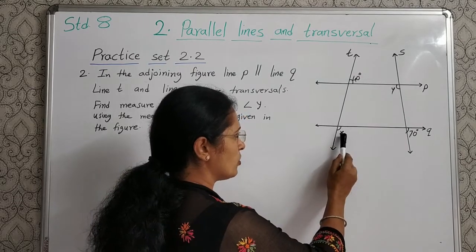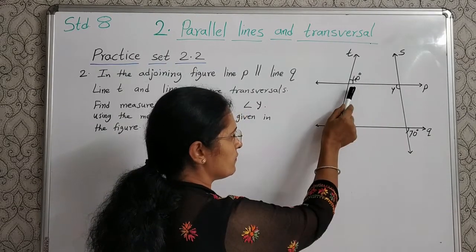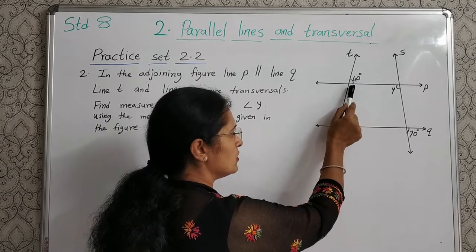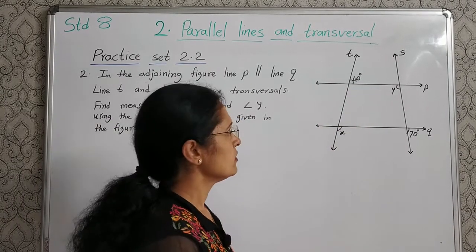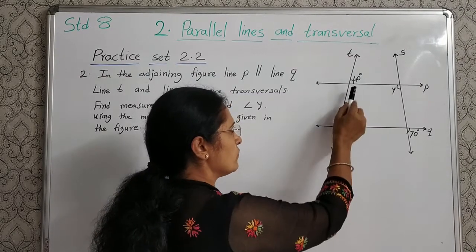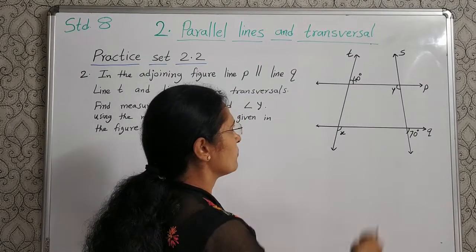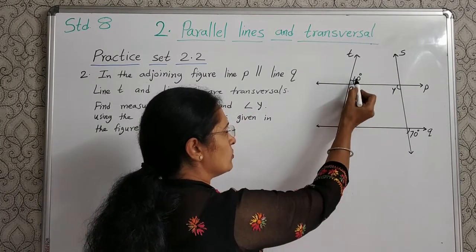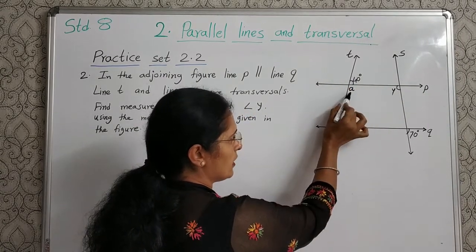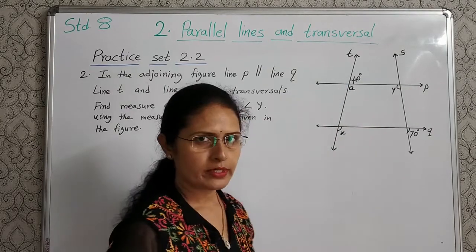Now to find the measure of angle x, if you can first find this angle, then these two are corresponding angles. So they are congruent, their measurements are equal. So first we will find out this angle and let us name this angle as A. Now these two angles, 40 degrees and A, are angles in a linear pair.